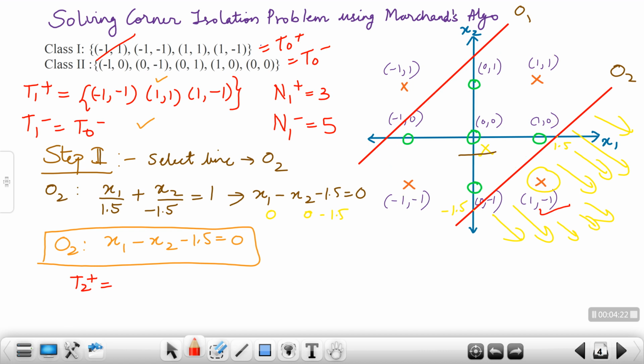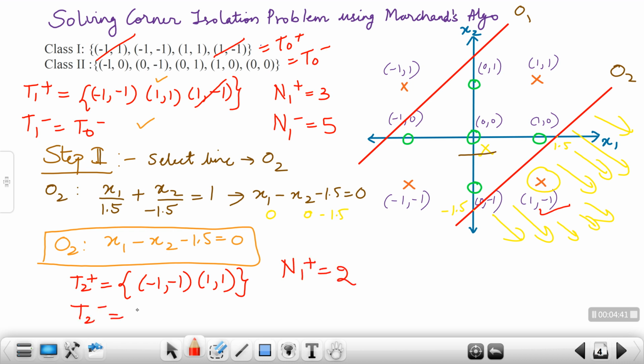So we have 1 comma minus 1. This particular point is gone from here. So T2 plus will be nothing but only from class 1. Only 2 patterns are remaining to be classified. So I write N2 plus is equal to 2.